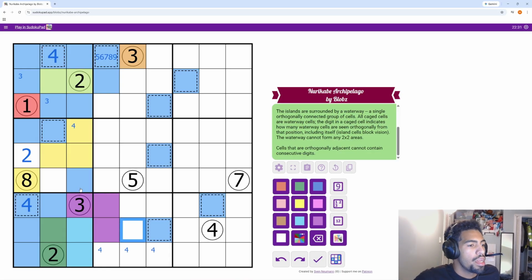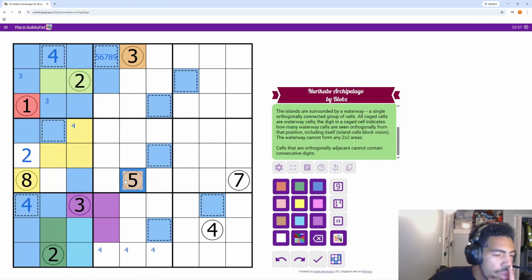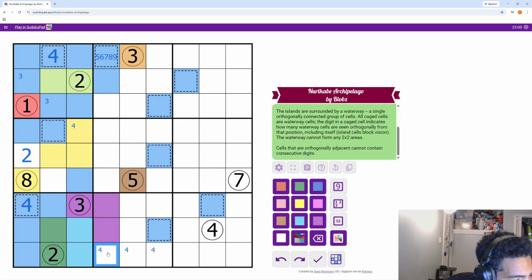Now, I don't think I can say that this has to be yellow or blue. I'm not sure how I see that. Let me use a different color for this. Let me use brown, because I know it's not yellow or purple. Now, brown, oh no, brown can't touch.